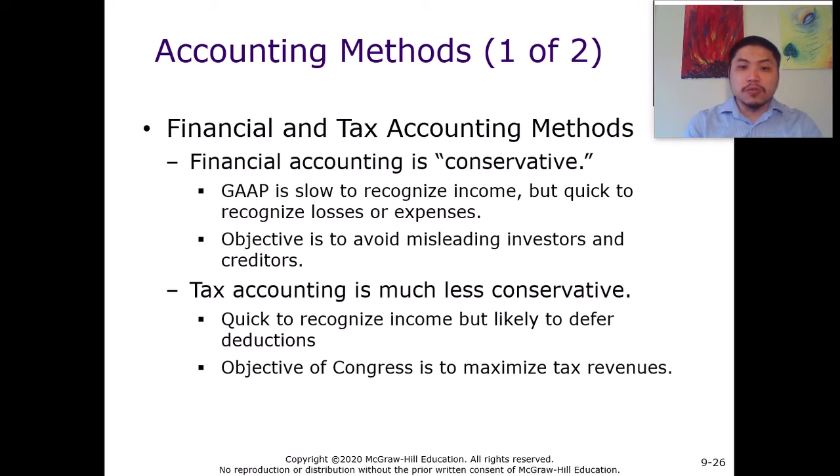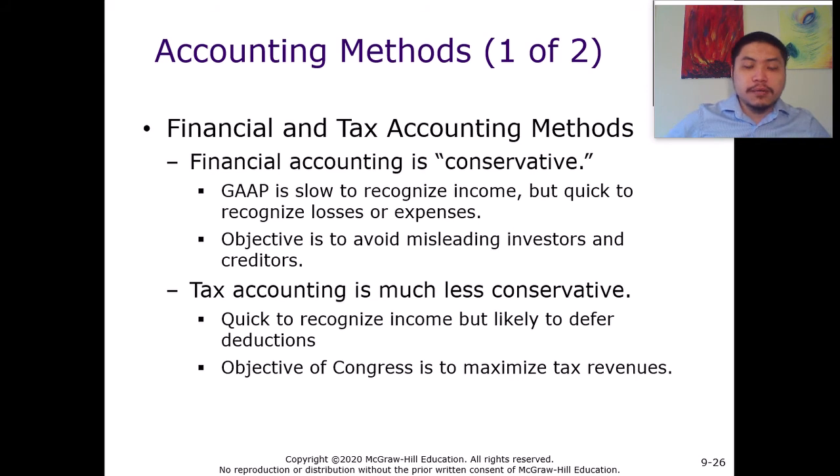In order to collect more taxes, they have to allow businesses to recognize income as fast as possible, because the higher the income recognized, the higher the tax paid on that income. And then they would want to postpone the deductions, because the more deductions, the lower the income and the less tax that can be collected from businesses.